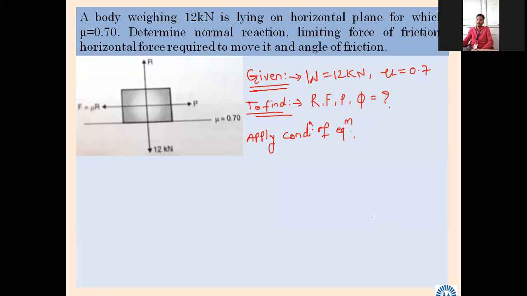And here I want answers. So what is your R? I will ask one by one. Don't worry. What is your F? What is your P? And what is your phi? Once it is over, you just keep quiet. I will ask one by one, maybe randomly. Meanwhile, I will take attendance.